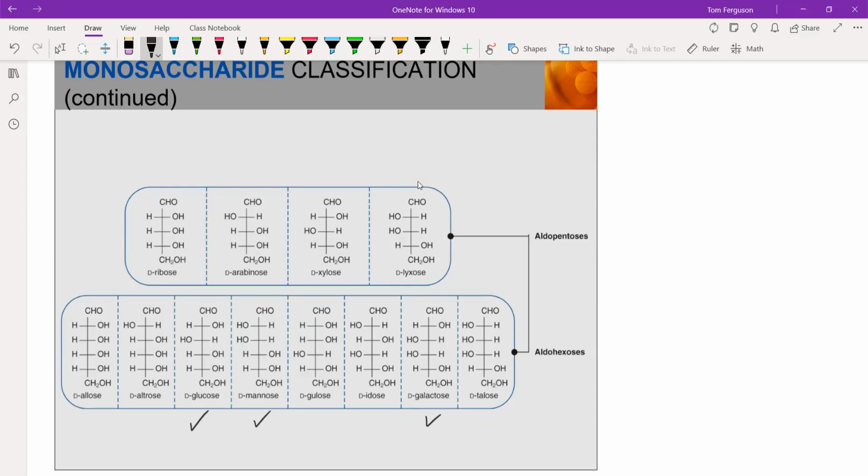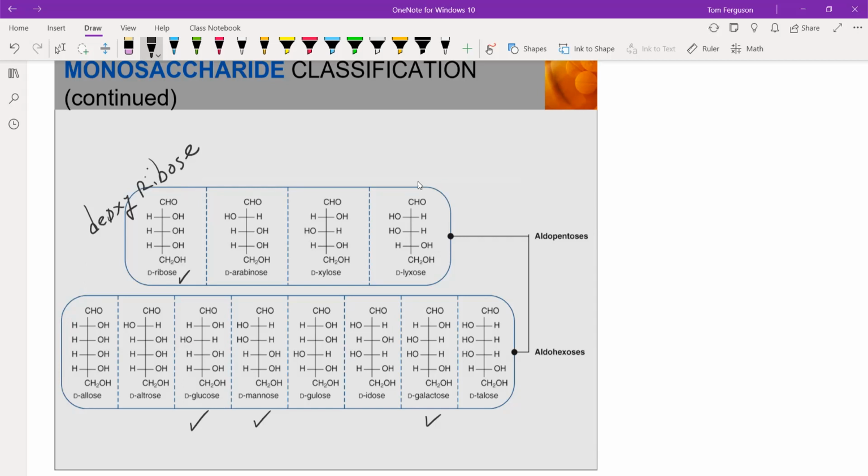Okay, so of the 8 aldohexoses, you need to know these 3 that I've checked. For the 5 carbon sugars, monosaccharides, you need to know ribose, you need to know the deoxyribose.